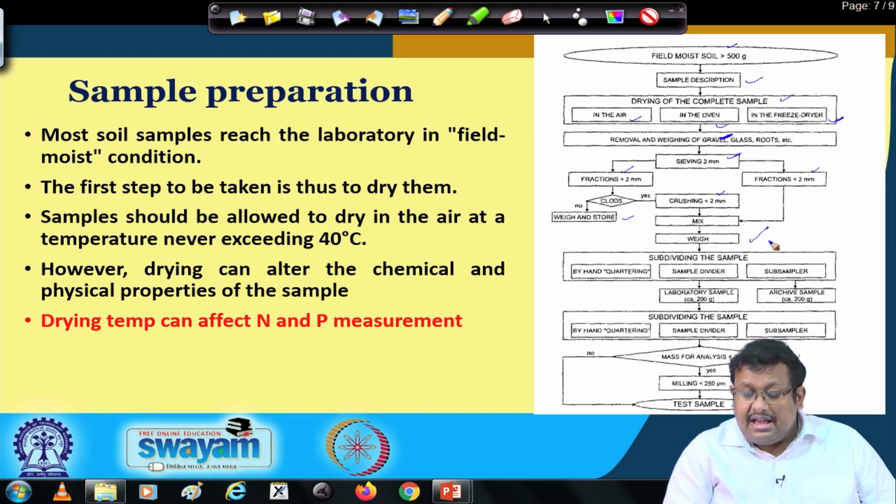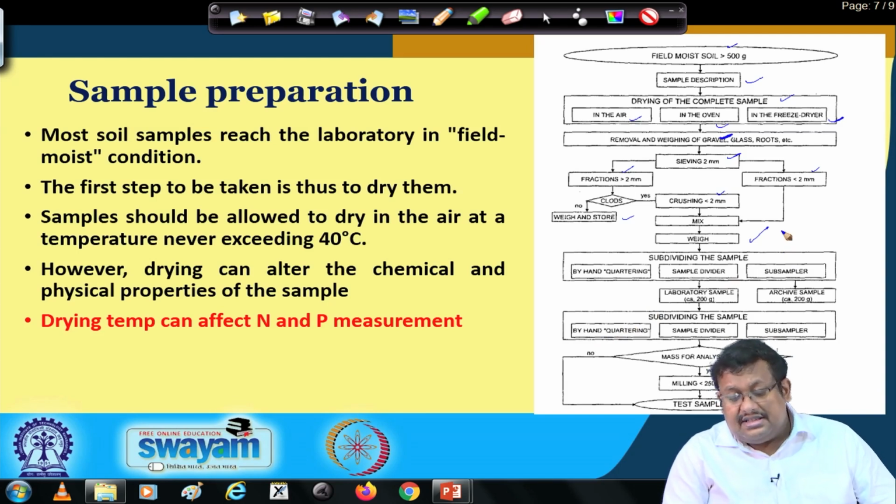We weigh them. After we weigh them, we can do the subdividing of the samples, or subsampling, by the hand quartering method. We will be discussing the hand quartering method, or using different types of sample divider or subsampler.